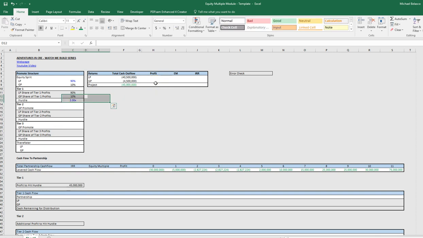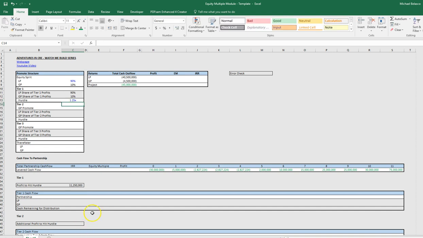We can have a 2 equity multiple, and our profit will now be just double what we put in, so we'd have to get our money back plus $45 million. We can change around the LP contribution. You'll see that the GP's contribution will always react. So I just want to show you that before moving forward.